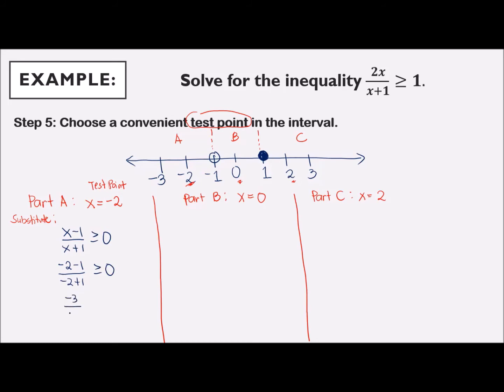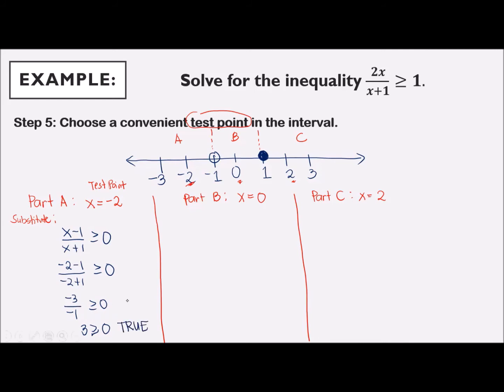And then negative 2 plus 1 is negative 1. And negative 3 divided by negative 1, that is positive 3. And, iyan po ba ay greater than or equal to 0? Yes, of course. Mas malaki si 3 kesa kay 0. So, this one is true.